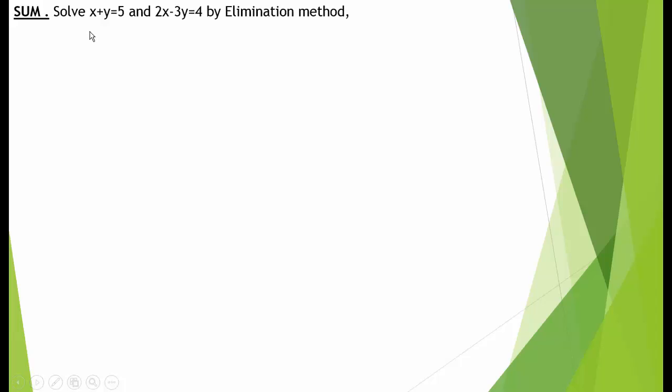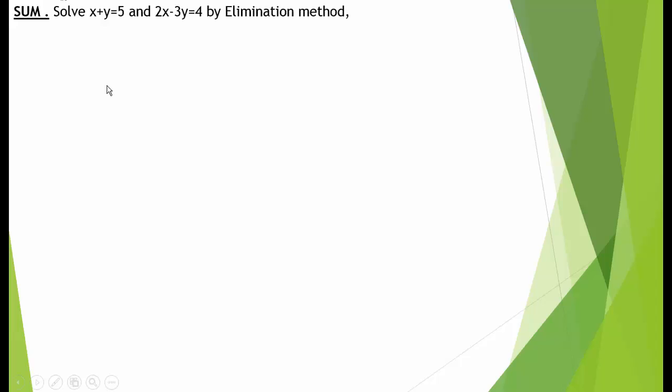For example, we have the equations x plus y equals 5 and 2x minus 3y equals 4. We have to solve this using the elimination method. Now our first step is to make the coefficient of a variable numerically equal.